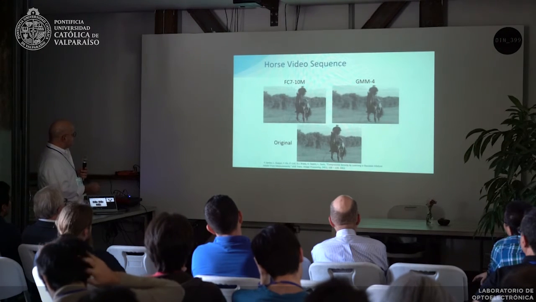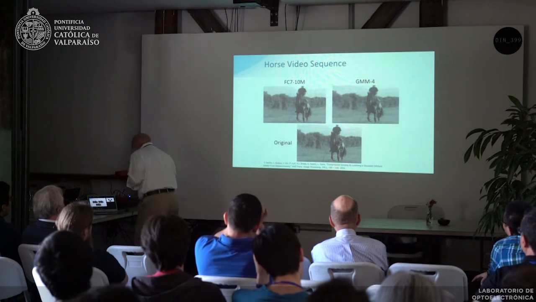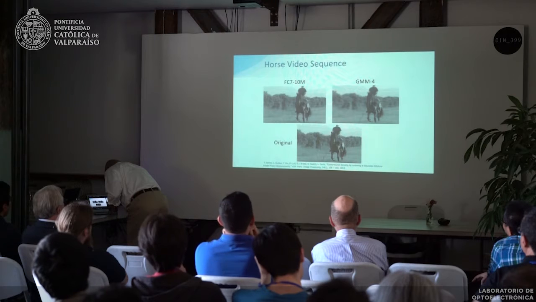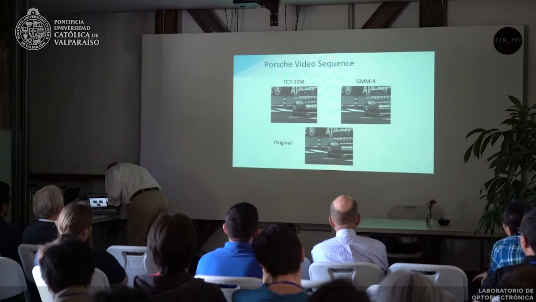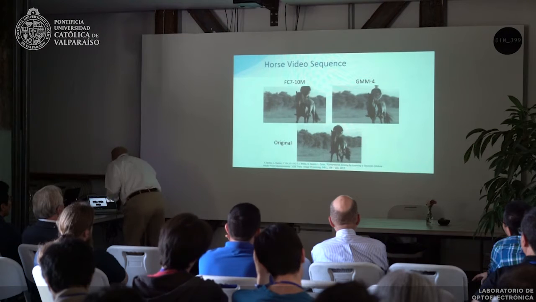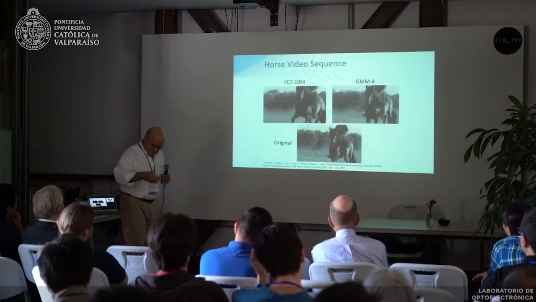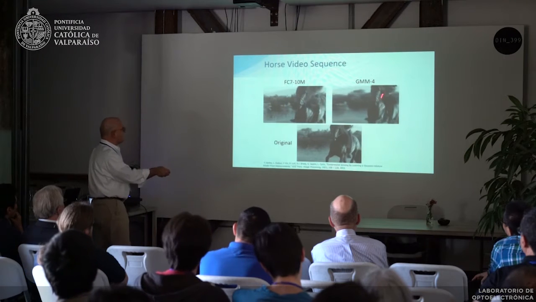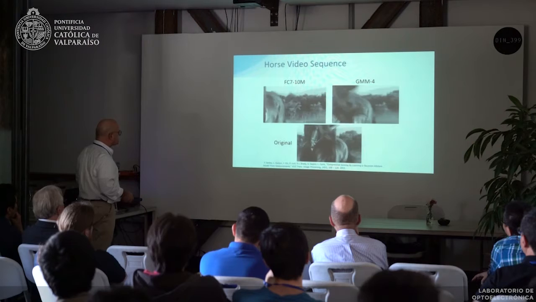This is a result that compares with David's and Sin's approach and what we did. So what you see is the original at the bottom, and then the Gaussian mixture model, the analytical approach here, and what we obtained with this network.